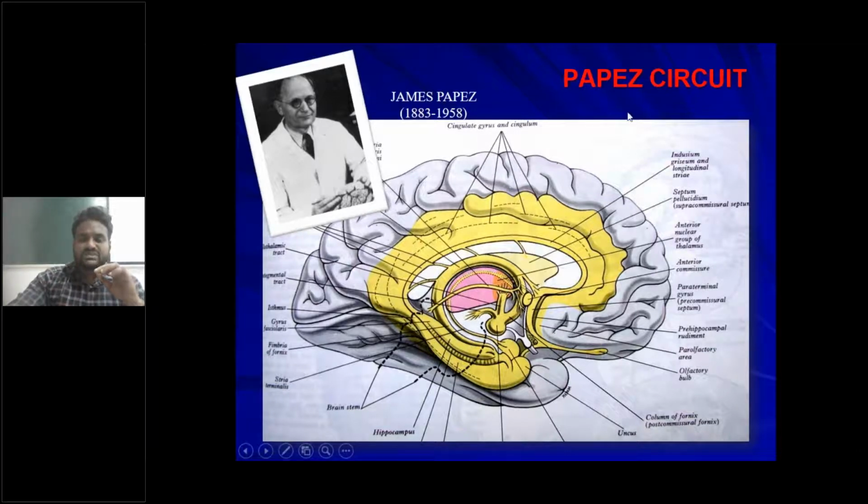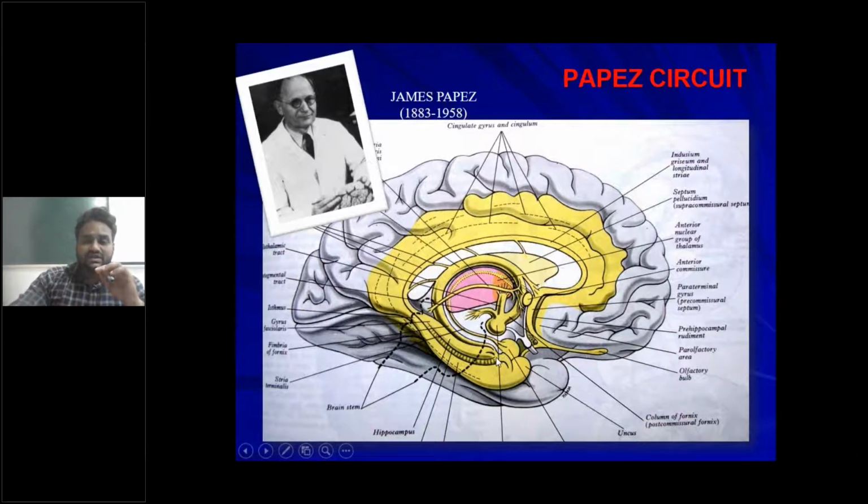So if you see the Papez circuit in this picture, whatever you see in yellow color, these are all parts of the Papez circuit. That means thalamus, mammillary body, and also hippocampal formation, cingulate gyrus, parahippocampal formation.